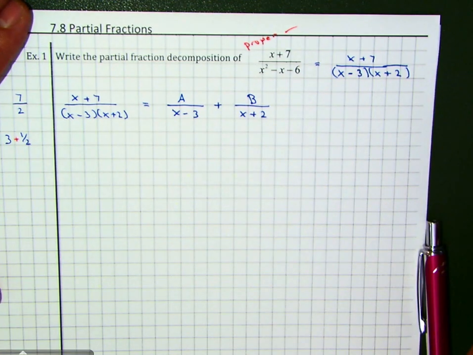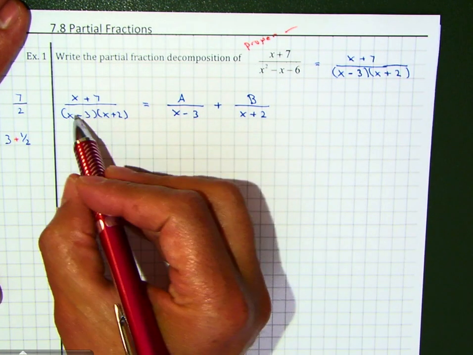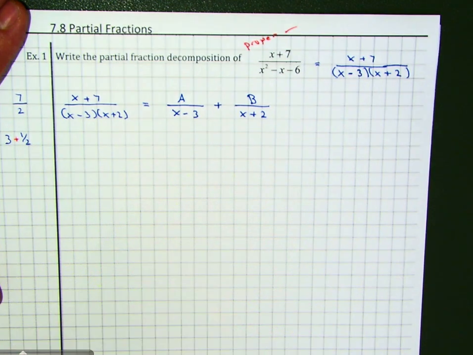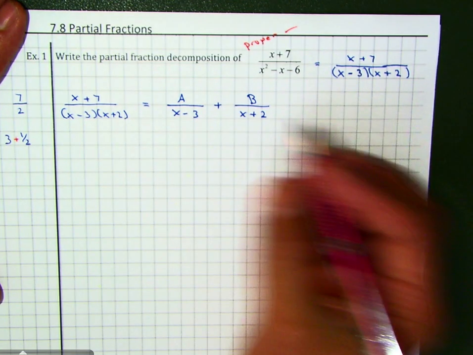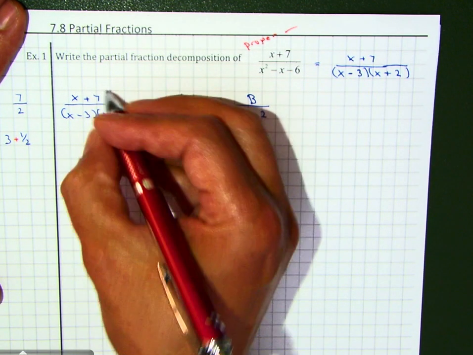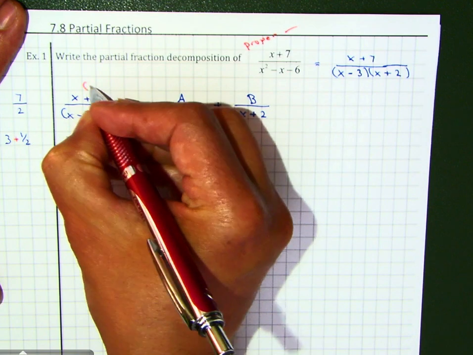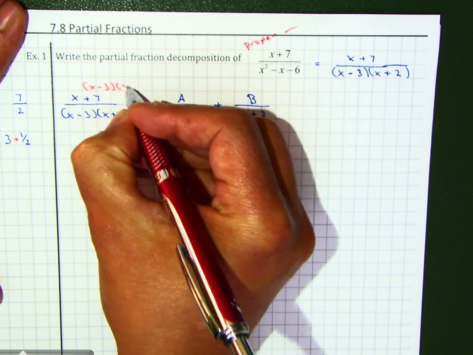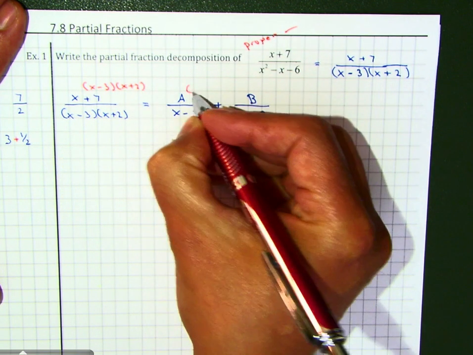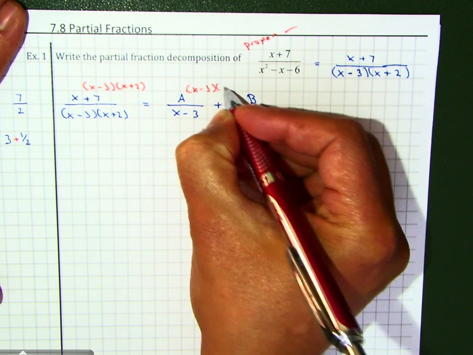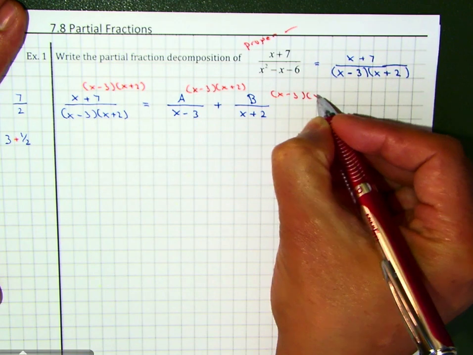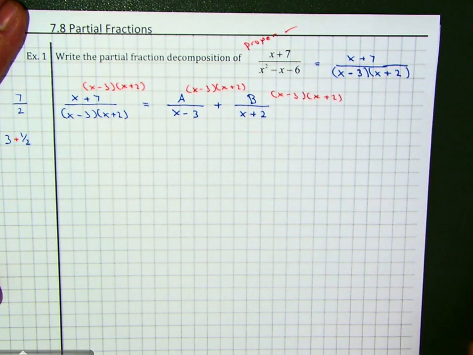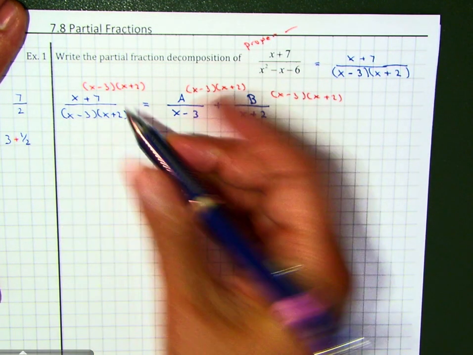The way that we're going to do this is that we are going to cancel your denominator, just like you did back in Algebra 2 when you solved rational equations. I'm going to multiply by the denominator, x minus 3 times x plus 2, to cancel it. In this case, they all cancel.